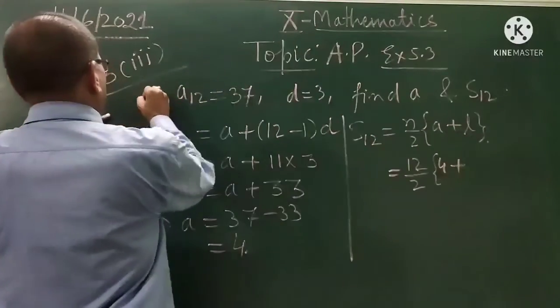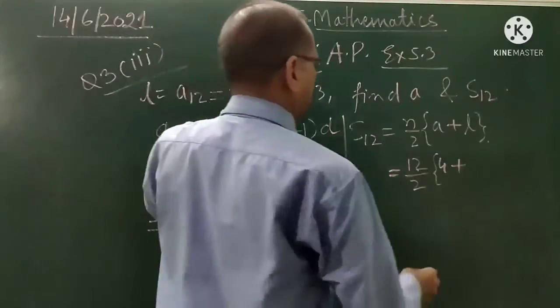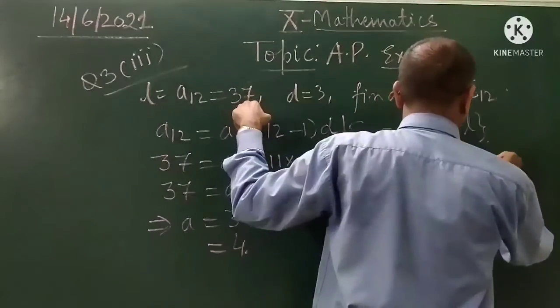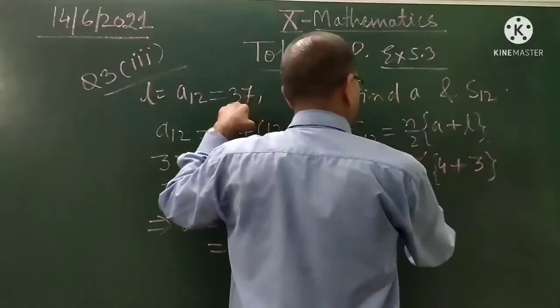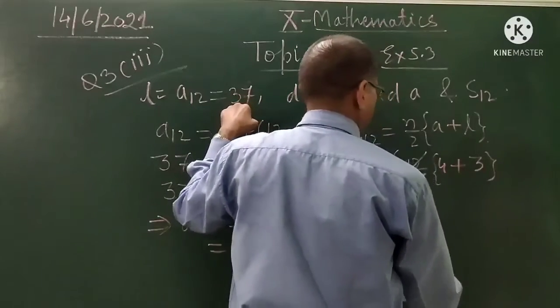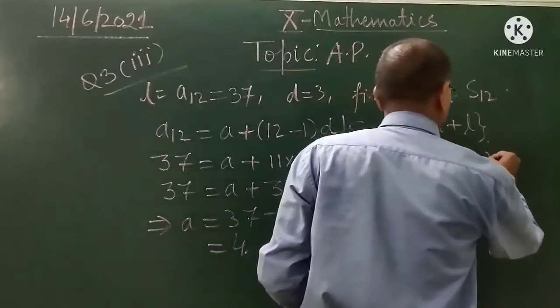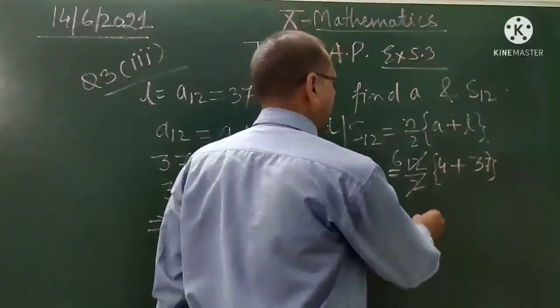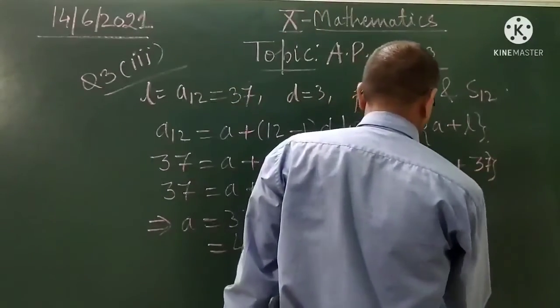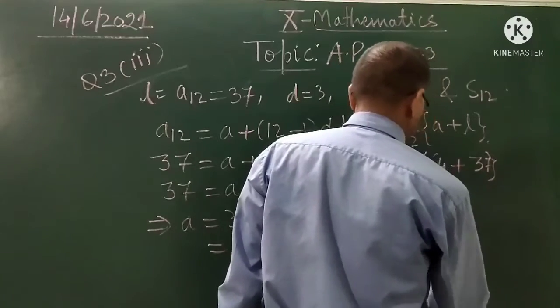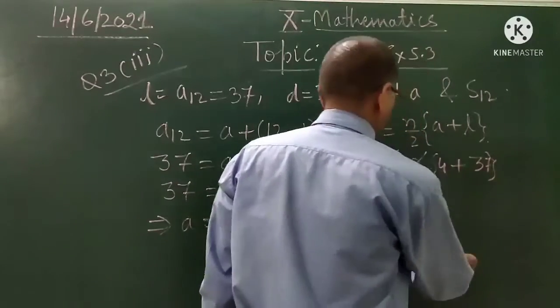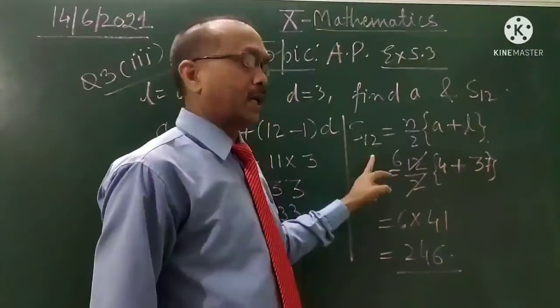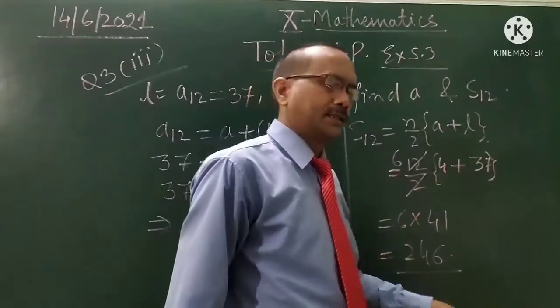L means A12. It is 37. 12 upon 2 is 6. 6 into 4 plus 37 is 41. 6 1 are 6, 6 4 are 24. So S12 is 246.